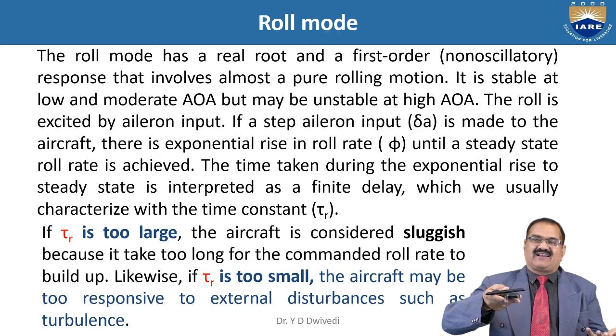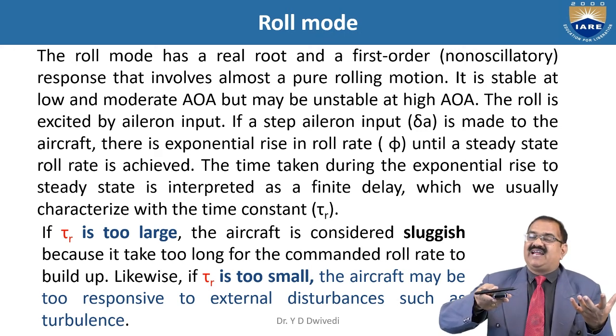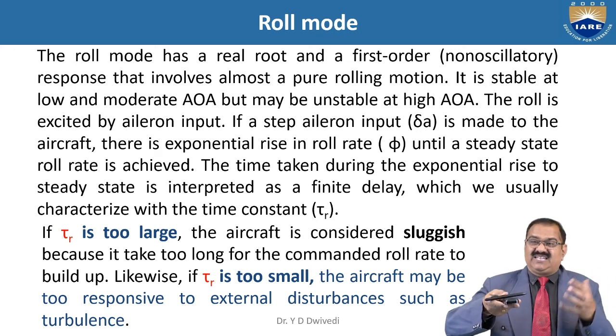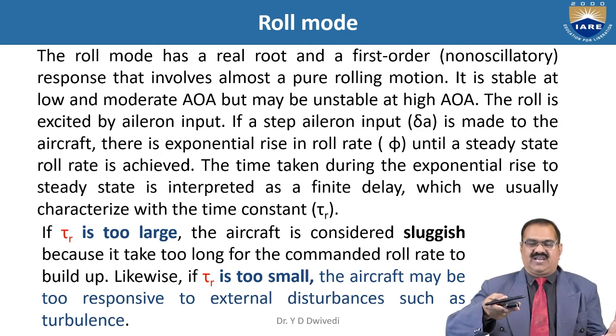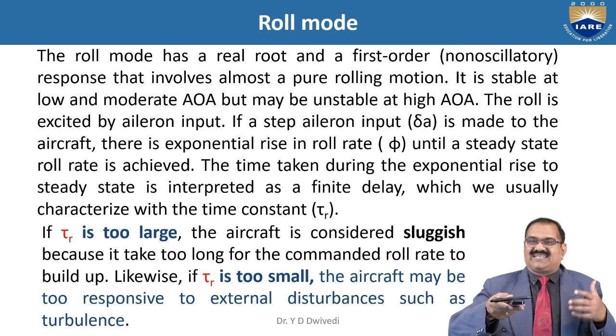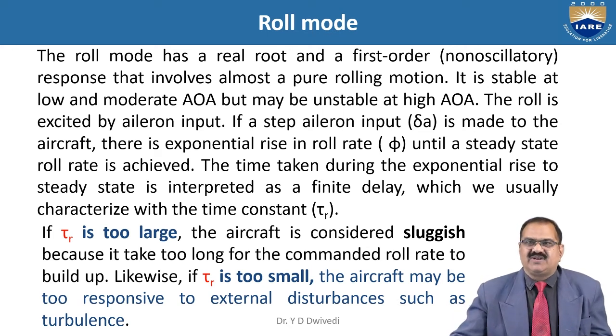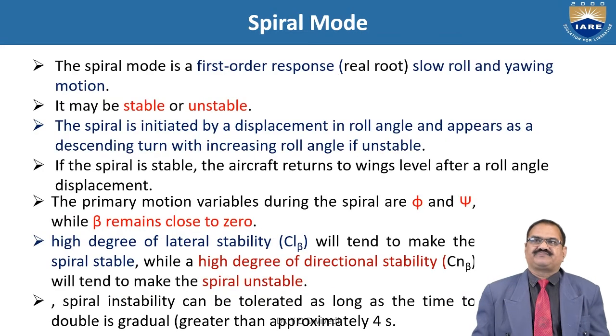If it is a passenger aircraft, passengers will feel a lot of discomfort whenever there is rain or any disturbance or turbulence. It should not vibrate like this. It should respond slowly and behave within a given time.